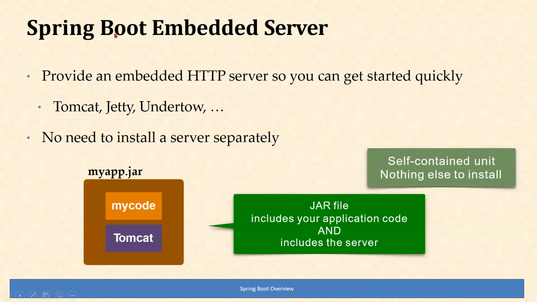Right. So as we discussed, Spring Boot contains an embedded server: Tomcat, Jetty, Undertow. By default, we are going to have Tomcat whenever we have the dependency Spring Web. So we need not install any server separately, and we need not set it up. When the jar is generated in the starter project, the jar is going to have all the code that you have written and the server also.